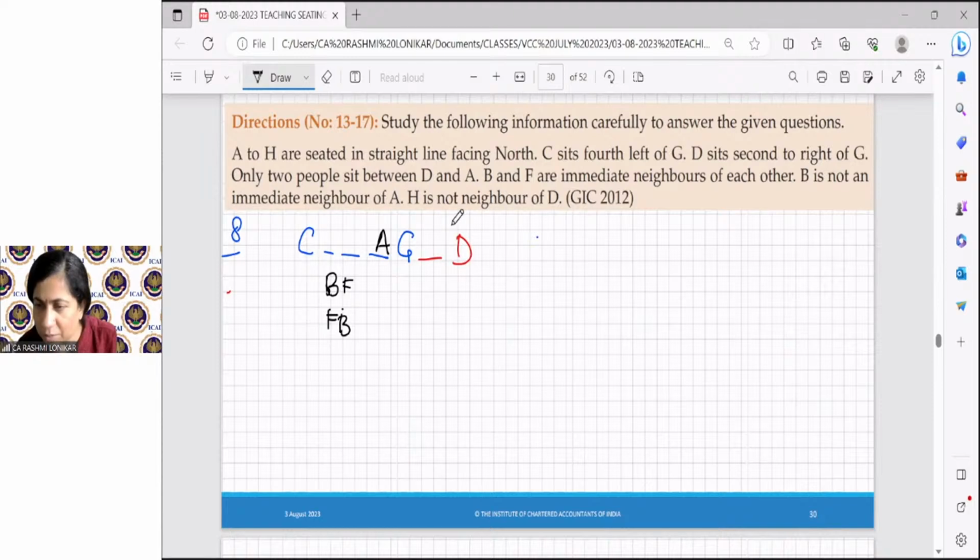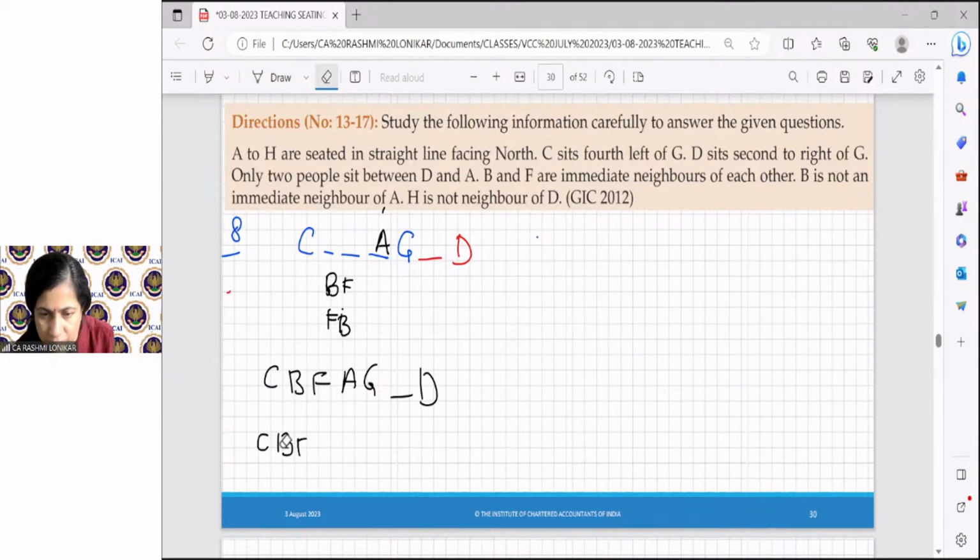B is not in the immediate neighborhood of A. So what will happen if I write C, B, F, A, G, dash, D, and you may have C, F, B, A, G, dash, D. So what is remaining here? E is remaining. So I'll put E.